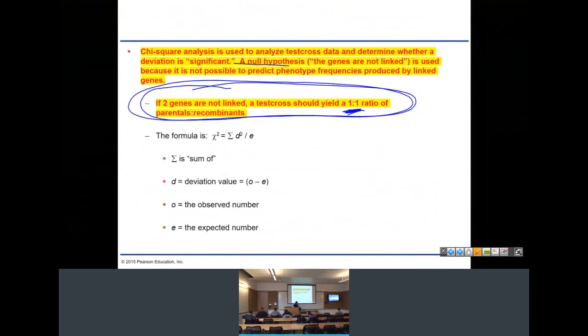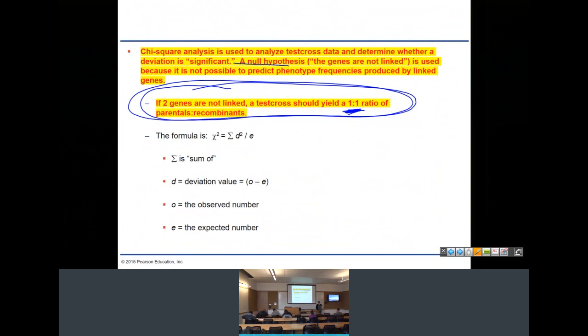So you want to map genes A and B, and C, let's say, but you're not 100% sure that they're on the same chromosome, the same linkage group. In order to determine that, before you can move on and map the genes, you have to do this test cross utilizing the null hypothesis.